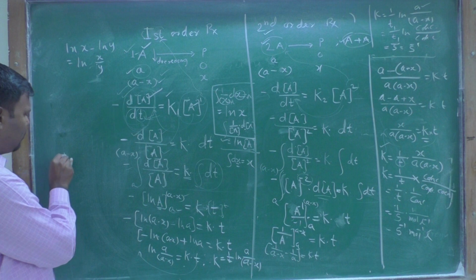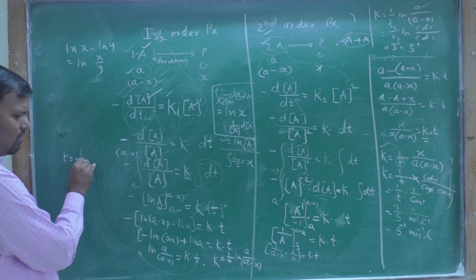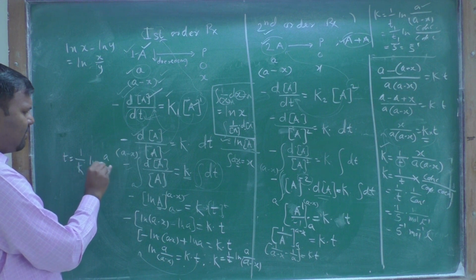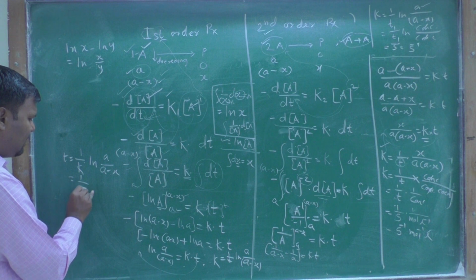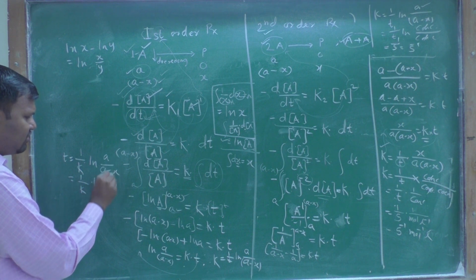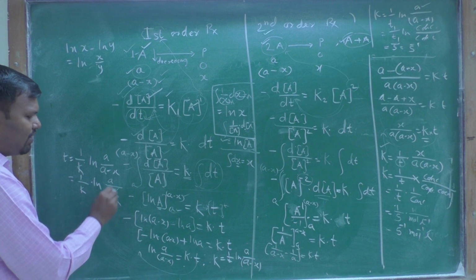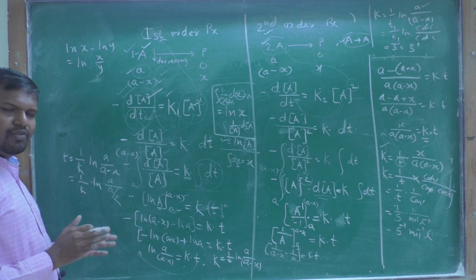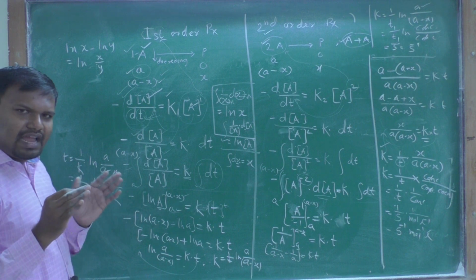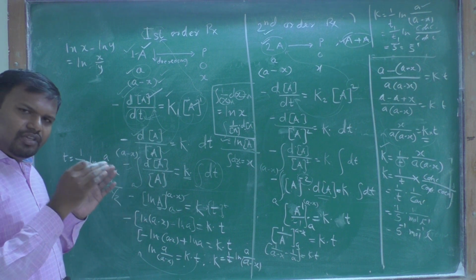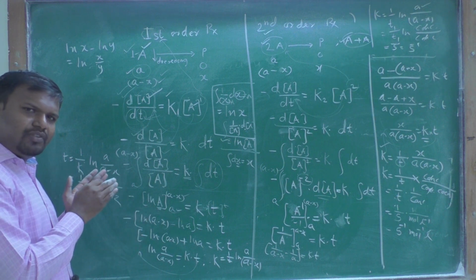t is equal to 1 upon k ln a upon a minus x. 1 upon k ln, a is the initial concentration and final concentration will be a by 2, half. Remember, t1 half means what? Your initial concentration at that time becomes half of the original one.